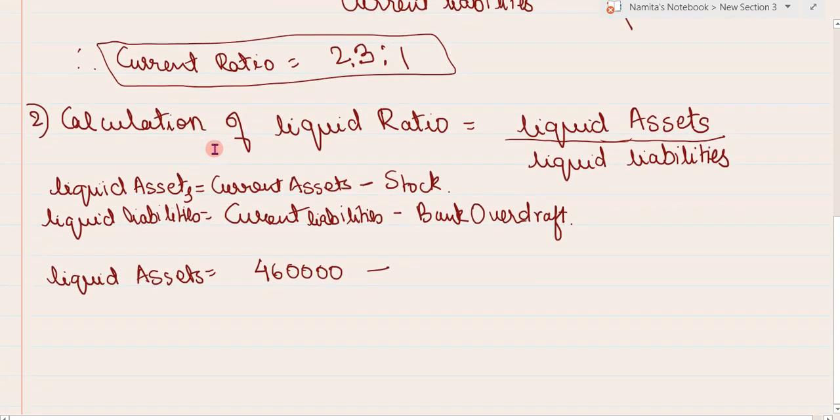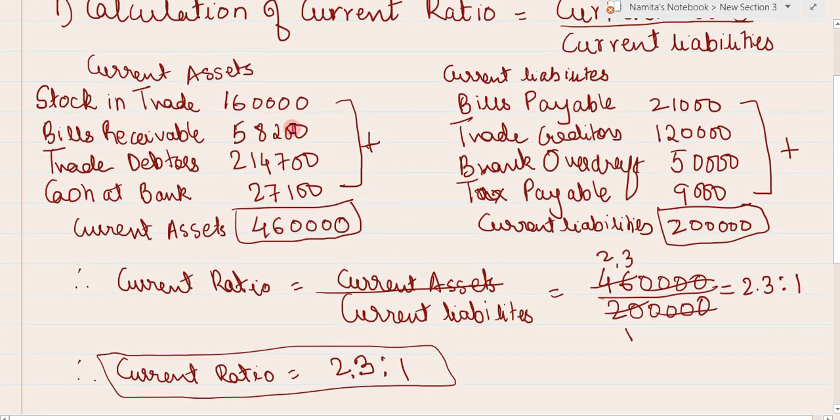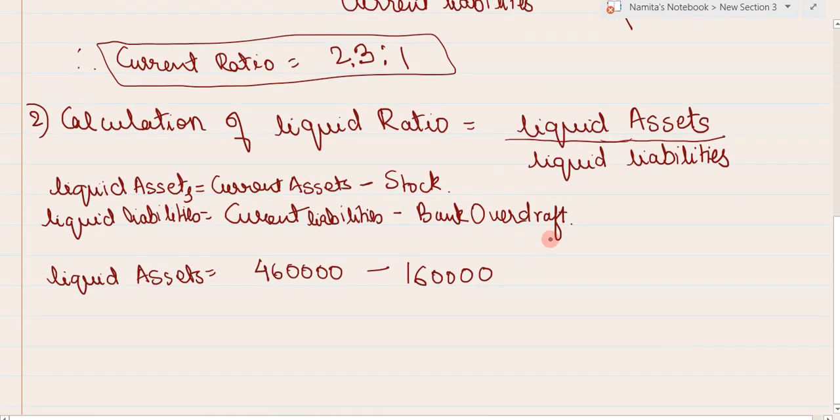So simply less stock in trade. The amount of stock in trade is 1,60,000. So we get 4,60,000 minus 1,60,000, 3 lakh rupees is the liquid assets.